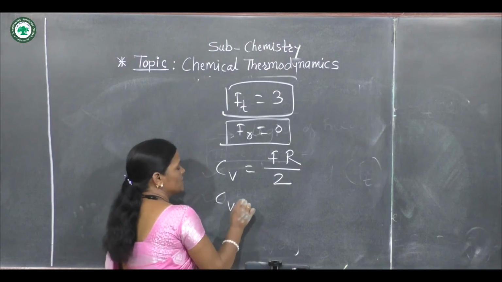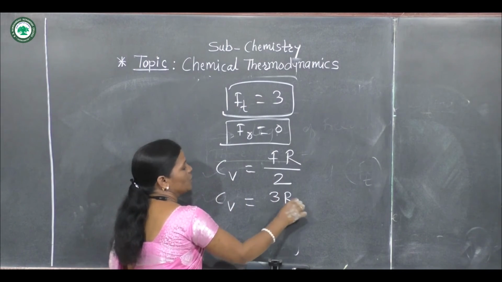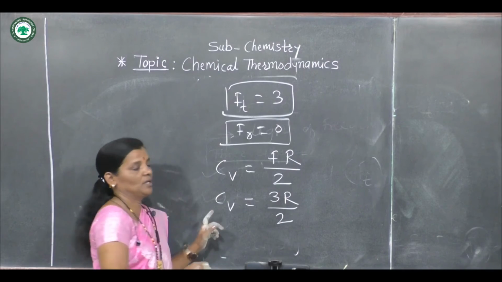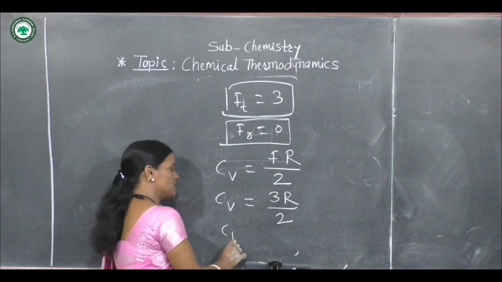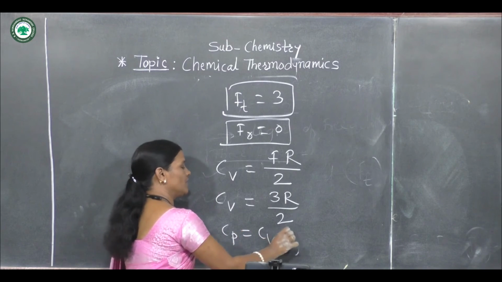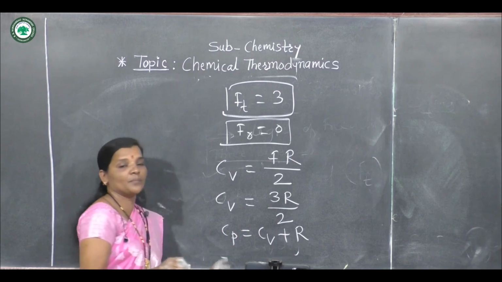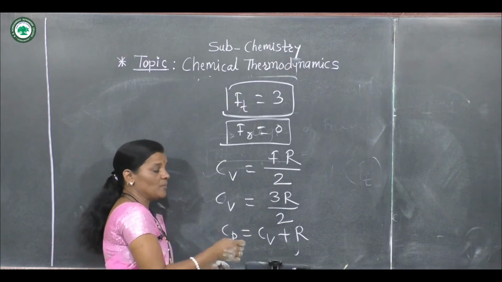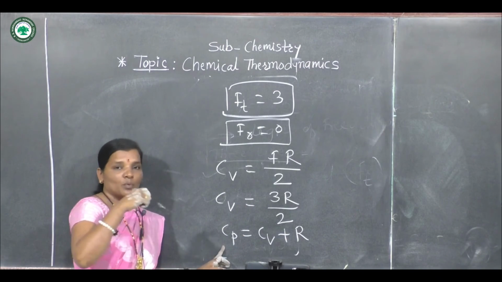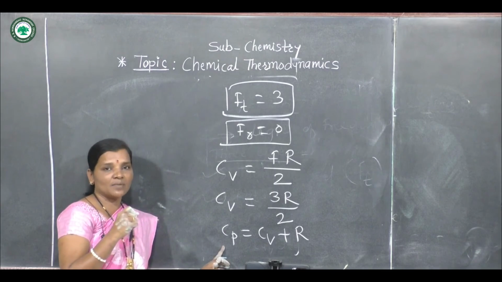So here we can write Cv is equal to 3 into R divided by 2. We know that Cp is equal to Cv plus R. From this value of degree of freedom, we can find out molar heat capacity at constant pressure.